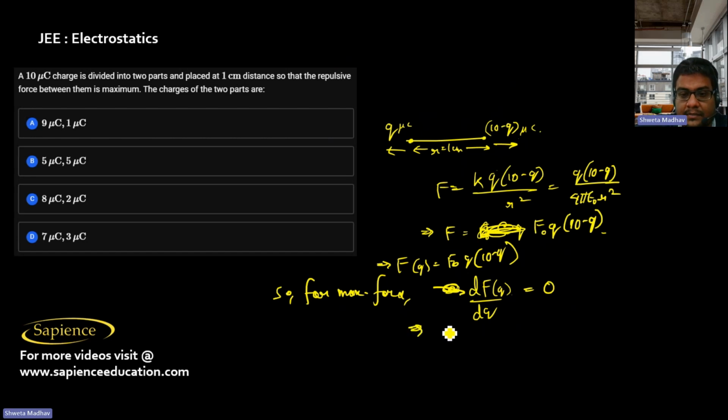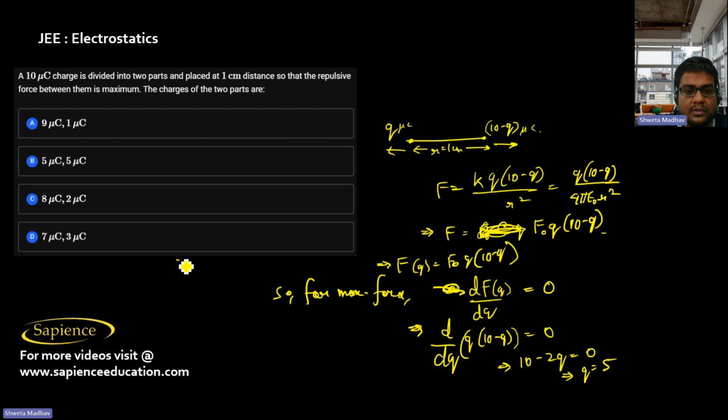So therefore I can say d by dq of q into 10 minus q should be equal to 0. So it means it is 10 minus 2q, that should be equal to 0. So q should be equal to 10 by 2, that is 5. So therefore q and 10 minus q should be the same, equal to 5 microcoulomb each. So each of the charges should be the same. So option B is the correct answer.